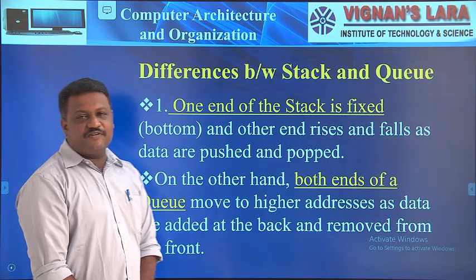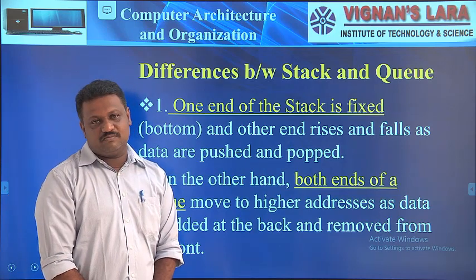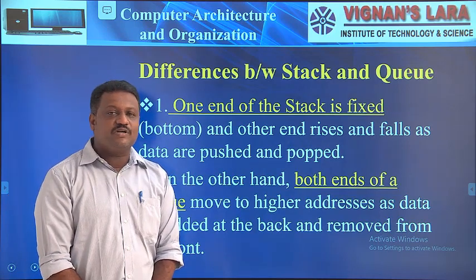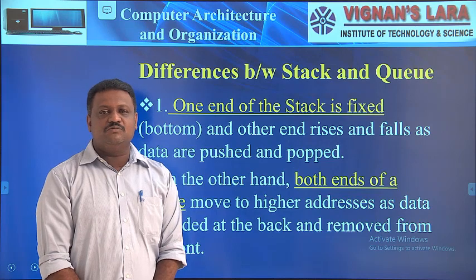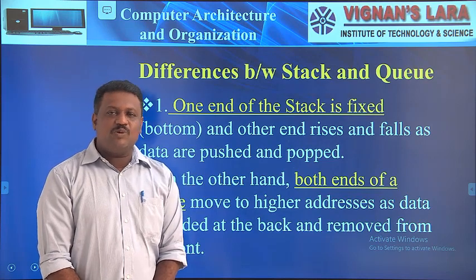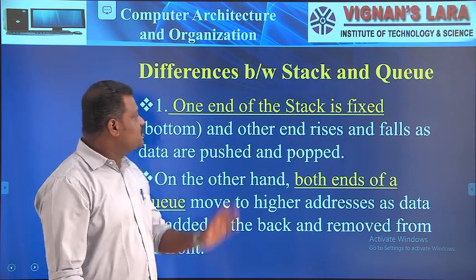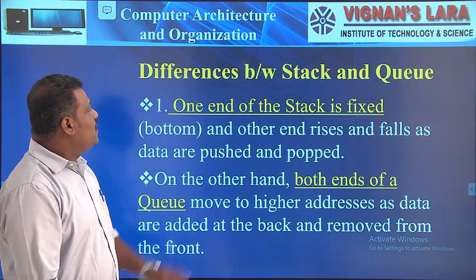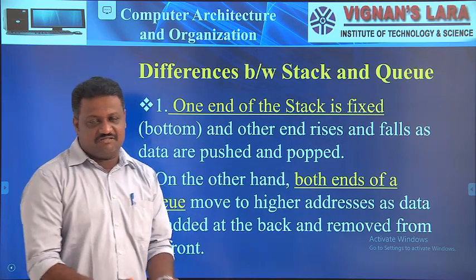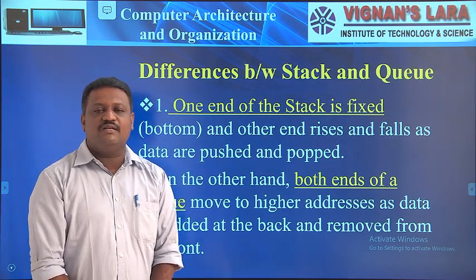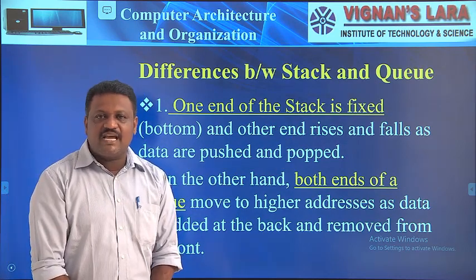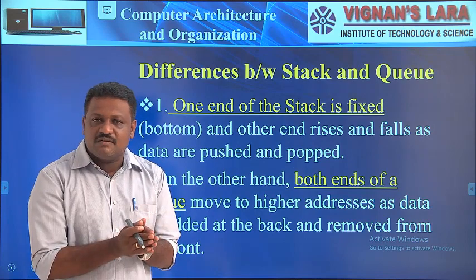Now, what are the differences between a stack and a queue? That is the most important thing everyone has to know. The first difference is this: one end of the stack is fixed. That's what I just discussed. In a stack, one end was already fixed.